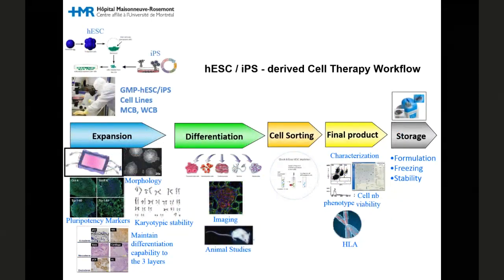If you're using ES cells, this is a similar schema, but just to again emphasize the point that in the manipulation, you need to have tests to show the regulatory authorities that you have control over your process, that you've been evaluating the different characteristics of these cells, and that you know exactly what you're doing in terms of expansion, differentiation, sorting, and the characterization of the final product, which is really crucial, and how you're going to freeze and store these cells.